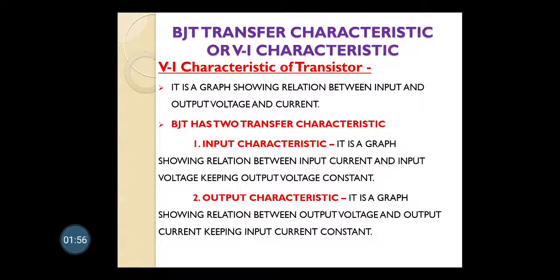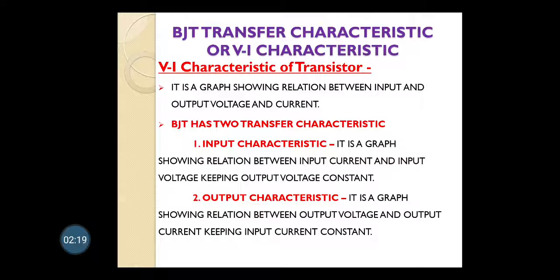It is actually a graph showing the relation between input and output voltages and currents, and therefore we wrote the input and output equations when we were doing the transistor configuration. So we are going to plot a graph showing the relation between input and output voltage and current.